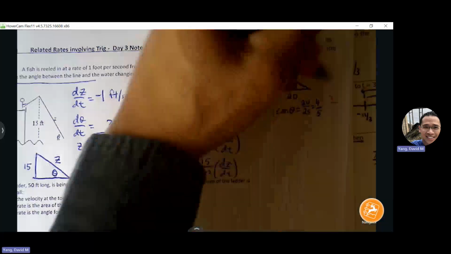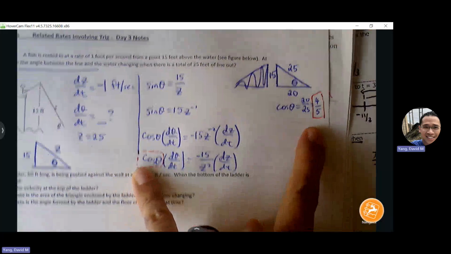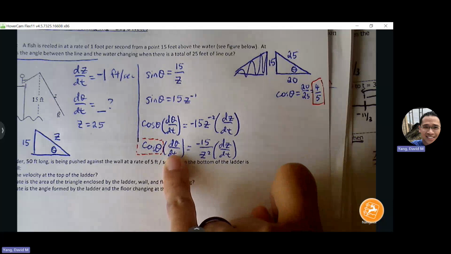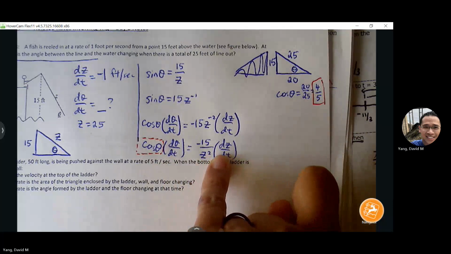So now this is going to replace that cosine theta. Okay? And now we should have everything that we need. We have our ratio. We're looking for d theta dt. We have the z. We have the dz dt.